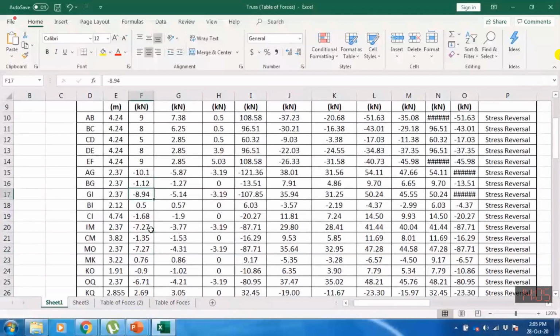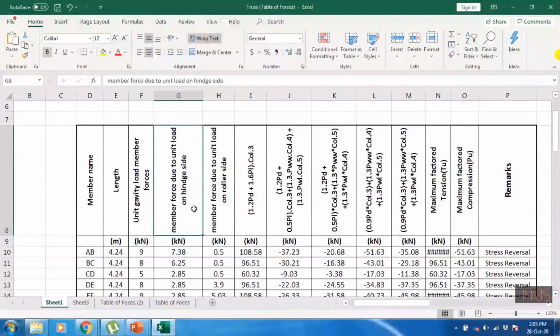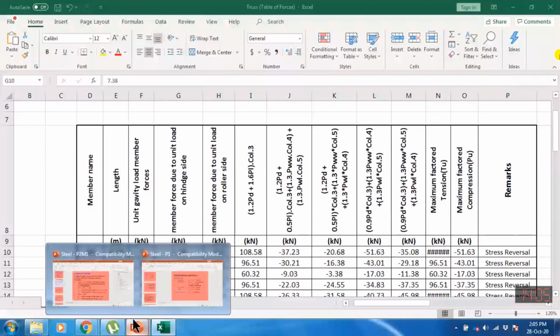In this column, he has written the member force due to unit load on the hinge side or right side when he performed the wind load analysis, just like I have depicted here. This is on the hinge side, this is on the roller side. You need to convert this load into two components.